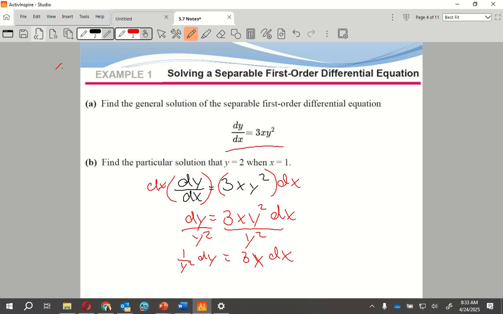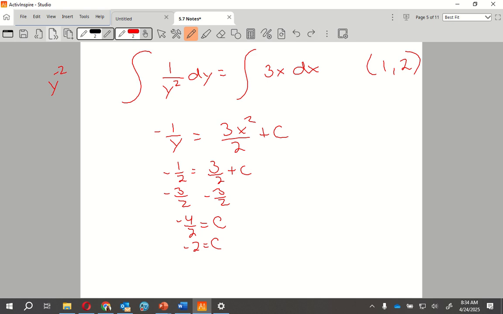Okay, so let's find the particular solution. Since I now know what the c is, I can go back to this.